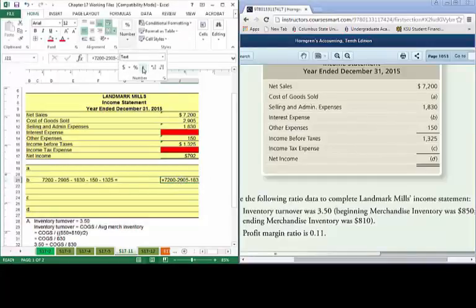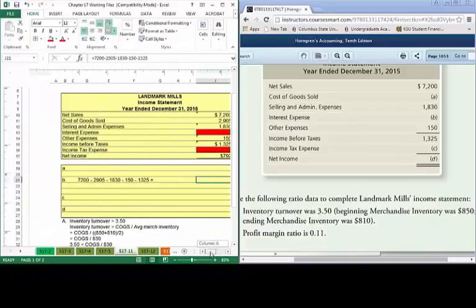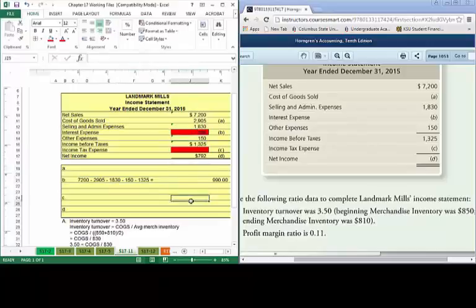I'm sorry, this formatting on this thing is terrible. That gives $990. Okay, so 990 is B.